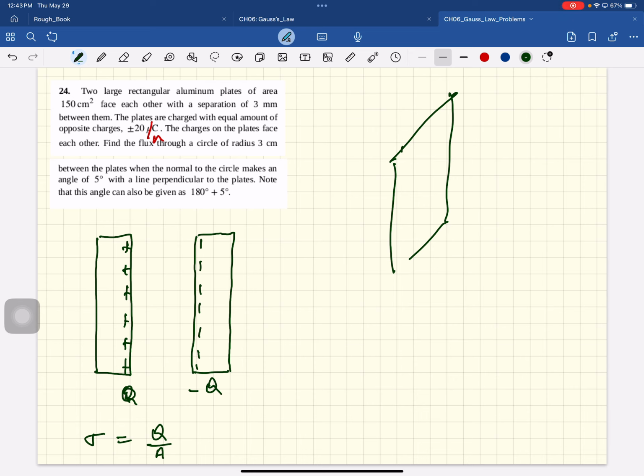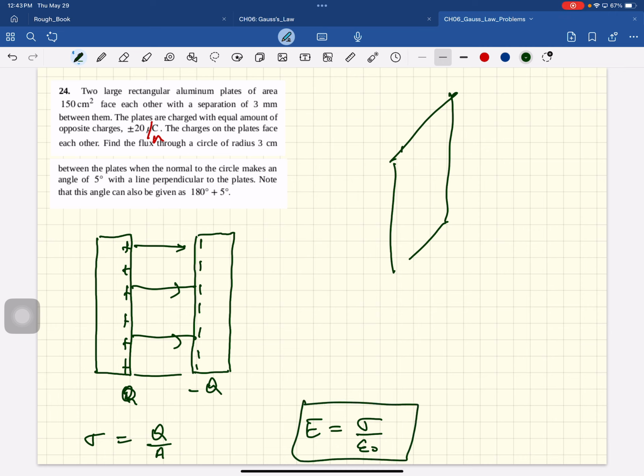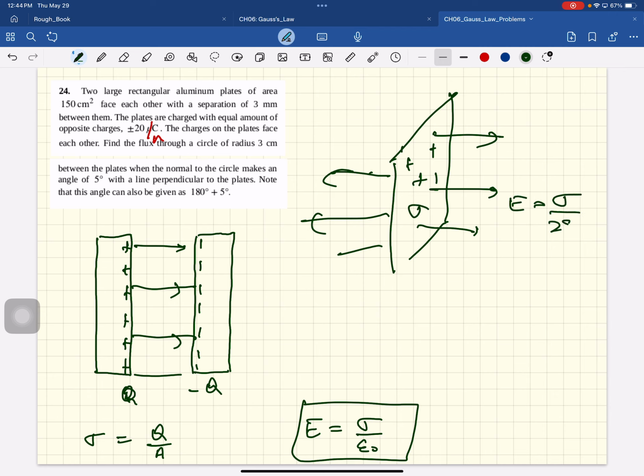I'm just going to quickly state the result. The electric field here in between is sigma by epsilon naught. Sigma is the surface charge density. From this plate, if you had a plastic sheet and you had charge distributed like that, sigma, this electric field was sigma by 2 epsilon naught.